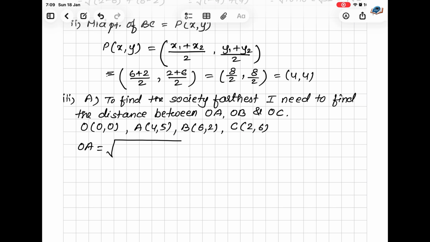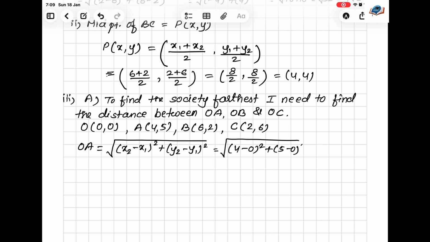So first I will find OA, that is square root of (x2 minus x1) whole square plus (y2 minus y1) whole square. So that will be root of (4 minus 0) whole square plus (5 minus 0) whole square. So that will be 4 square plus 5 square. So 16 plus 25. So that will be root 41.